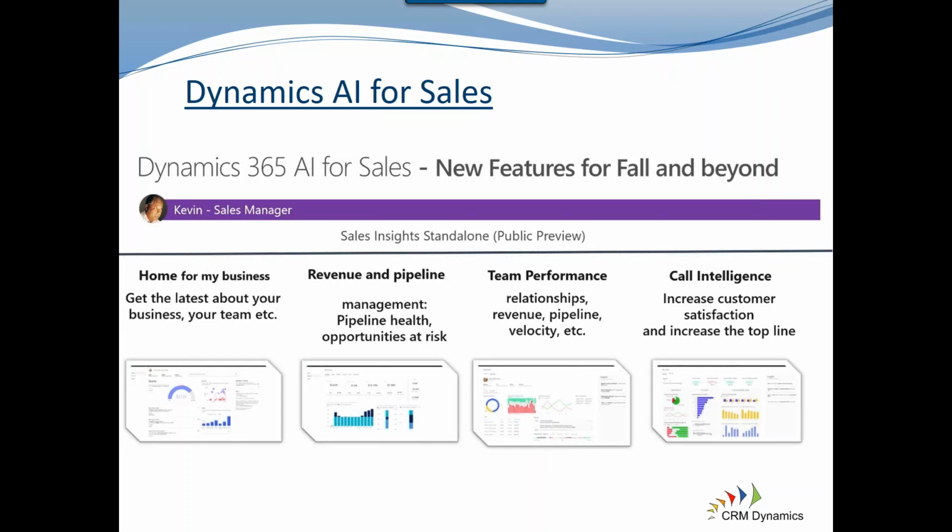If you do your research on AI, there's a lot of machine learning, natural language processing, embedded intelligence, BI. So how do we leverage all of that in Dynamics? The Microsoft R&D team has spent a lot of effort building these AI capabilities into D365.